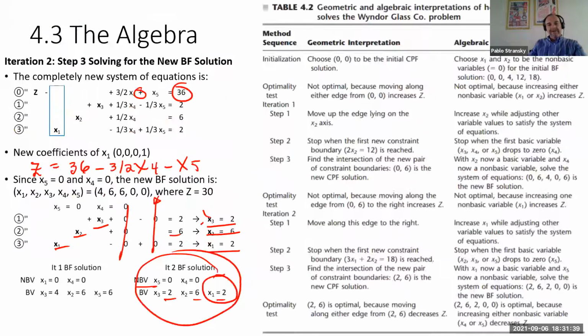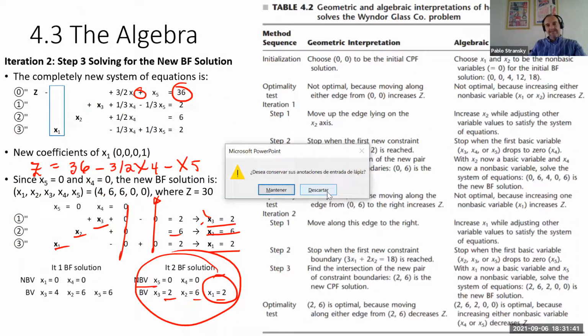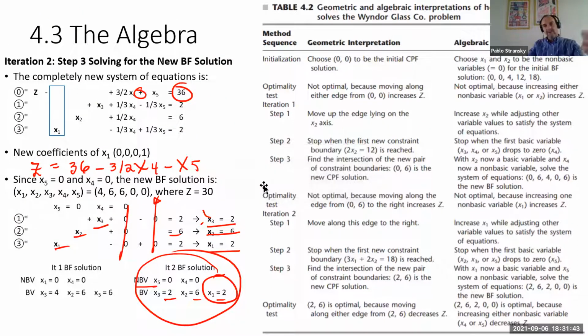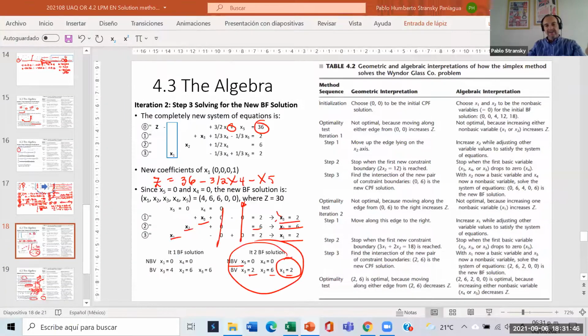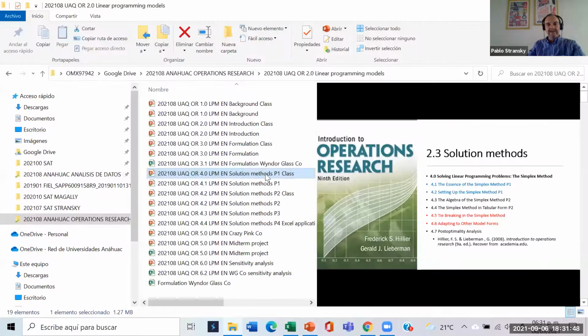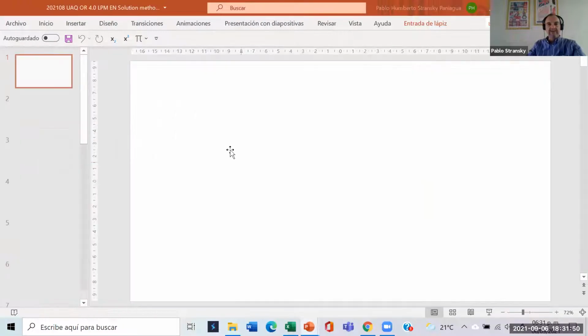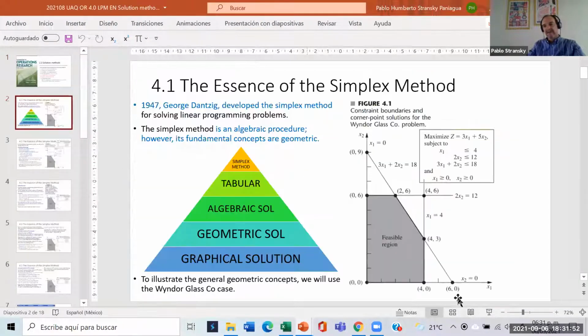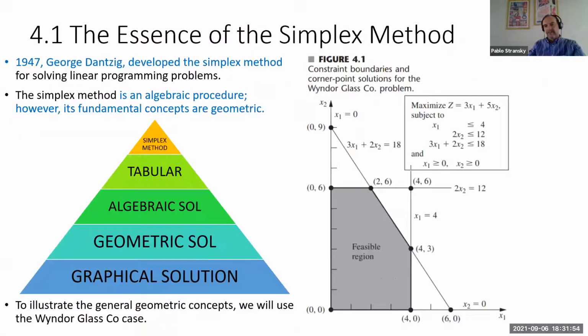Now, after this, let me open the file we worked with last class. If you remember, we have a triangle at the beginning, this triangle. And what we just did was translate this geometrical solution, which is still half graphical and half algebraic.